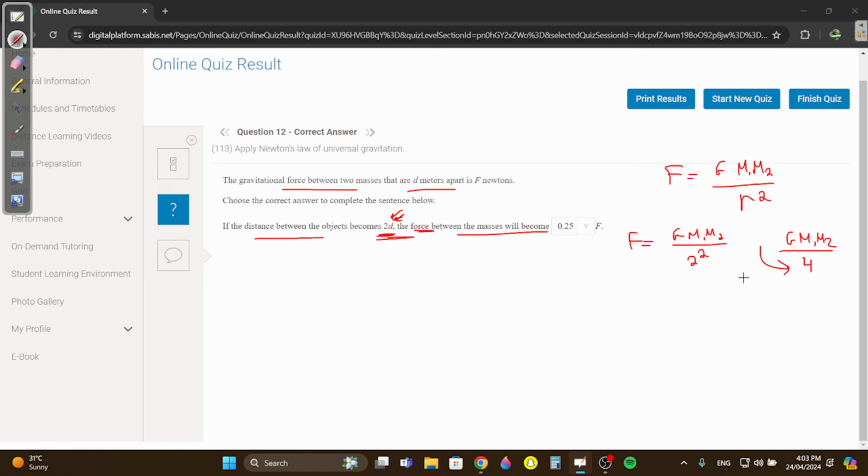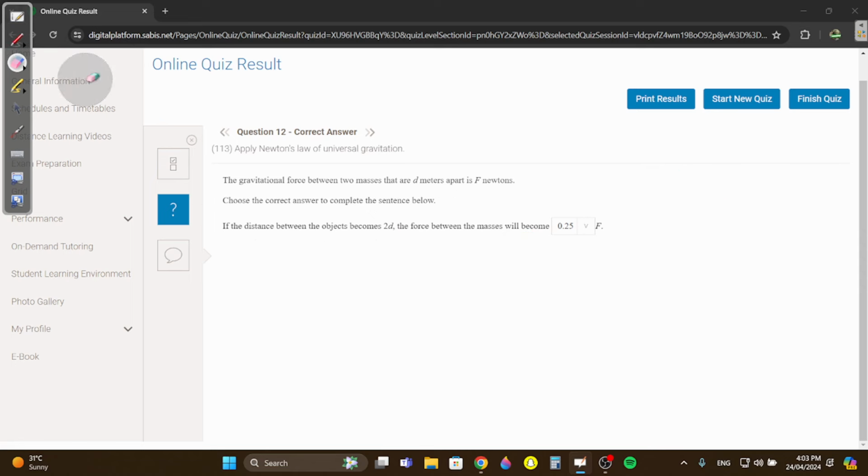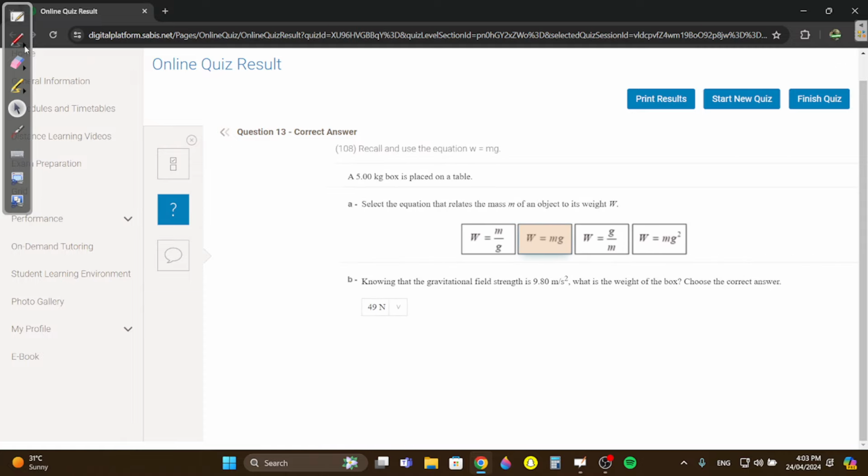If you're dividing by 4, it will just be 0.25, because it's the same as saying G m1 m2 times 1 over 4, and 1 over 4 is 0.25. In simple terms, if you have distance, square the number, so 2 squared is 4, and then just put 1 over that number, and you get 0.25. That's if it comes like that.